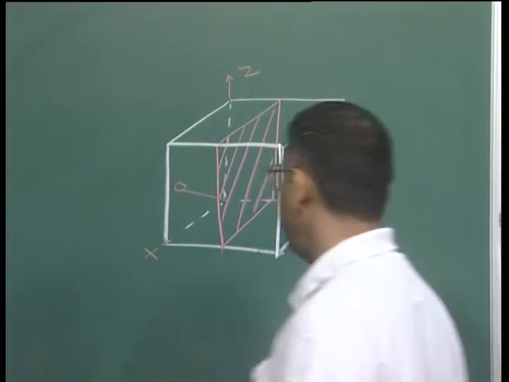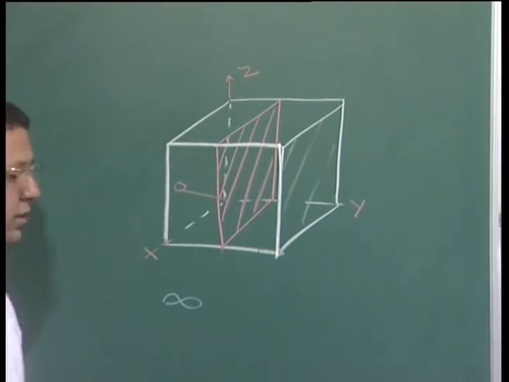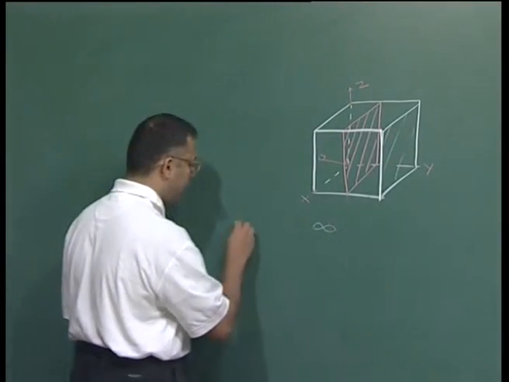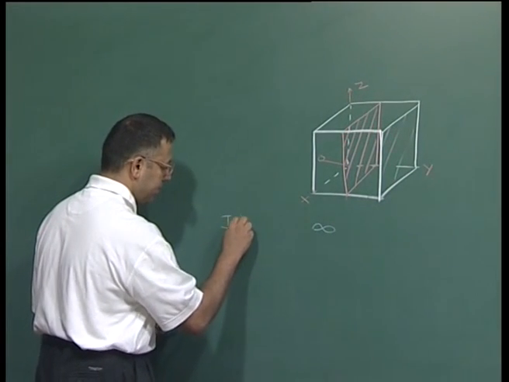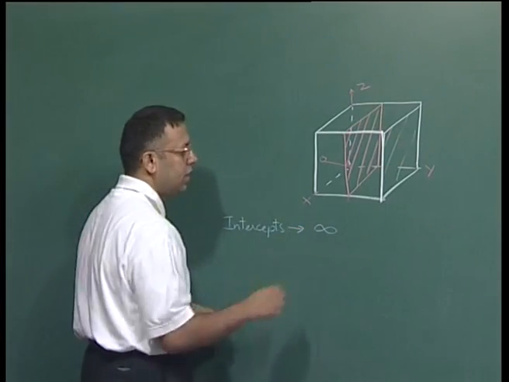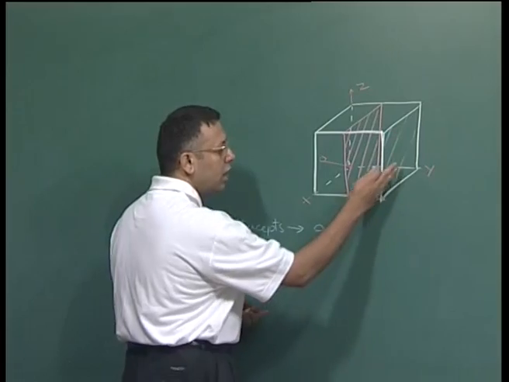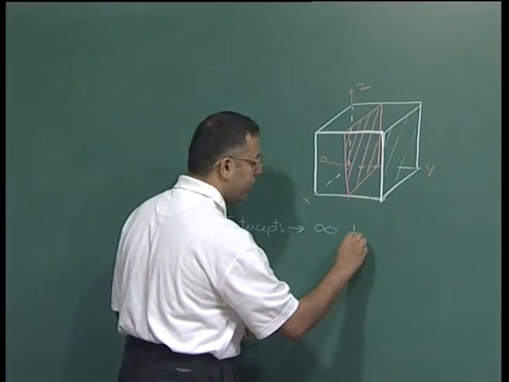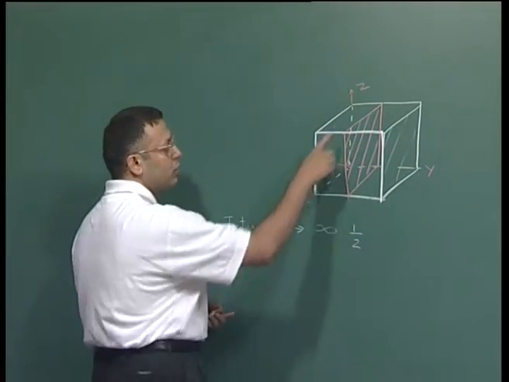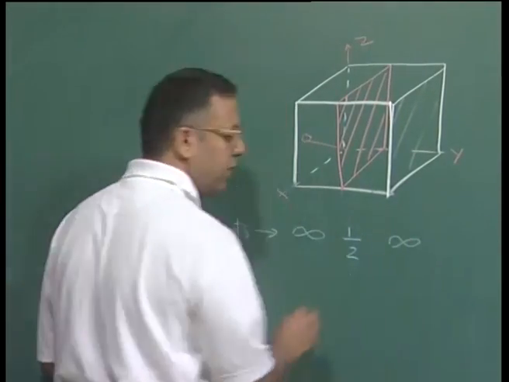So, my intercepts for this plane along the x axis, it will be infinity, it will never intersect the x axis. Along the y axis, so I will write down my intercepts. The intercept along the y axis is half, because I have considered this at the middle of the edge for simplicity. It could of course reside anywhere in the edge, so I will write half for simplicity, and also it never intercepts the z axis. So, my intercept along the z axis would be infinity.